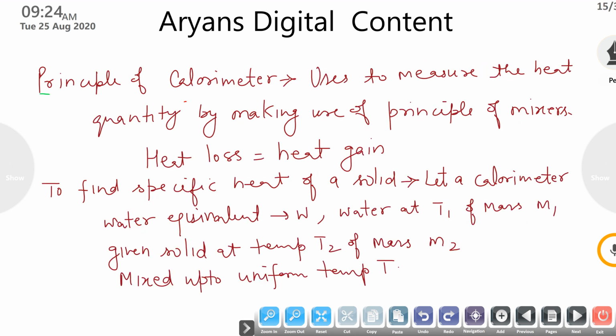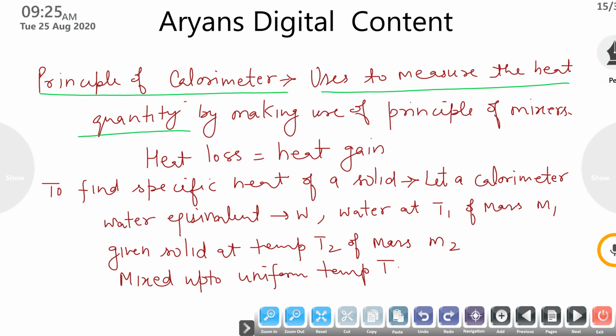Next is the principle of calorimeter. Means in this, we simply mix two objects, or you can say two liquids, so that if one is at lower temperature it will gain energy, and if one is at high temperature then it will lose energy. So in this we simply use the basic principle of mixture, that it is used to measure the heat quantity.